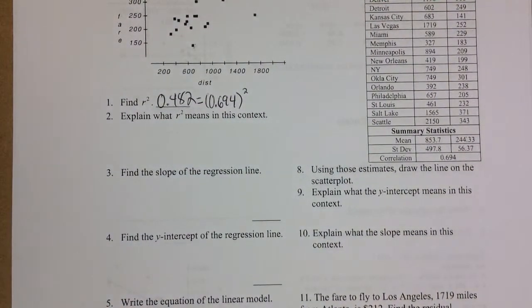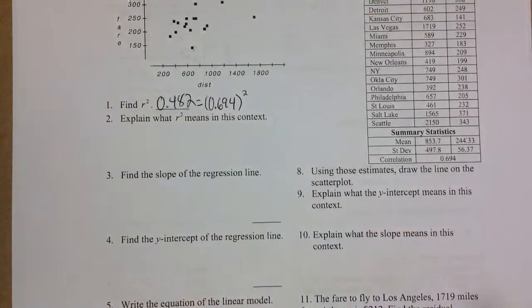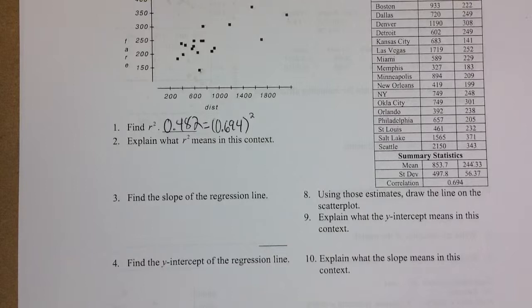Now, maybe somebody can explain what it means in context. Chris, want to give it a shot? What does this 0.482 number mean in context? It means that 0.482 of the variance of the fares is predicted by the model.